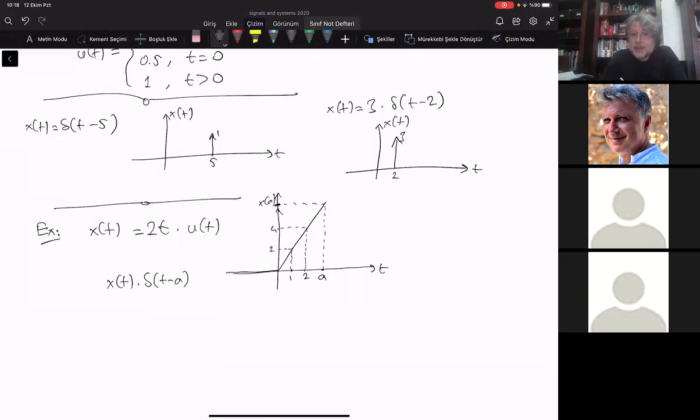So what happens here? You're multiplying an impulse with a function. When you multiply any function with an impulse, you get an impulse, because the impulse is 0 everywhere except at that instant. So after the multiplication, it will still be an impulse, but the magnitude of the impulse will change according to the value of the signal at the corresponding point.